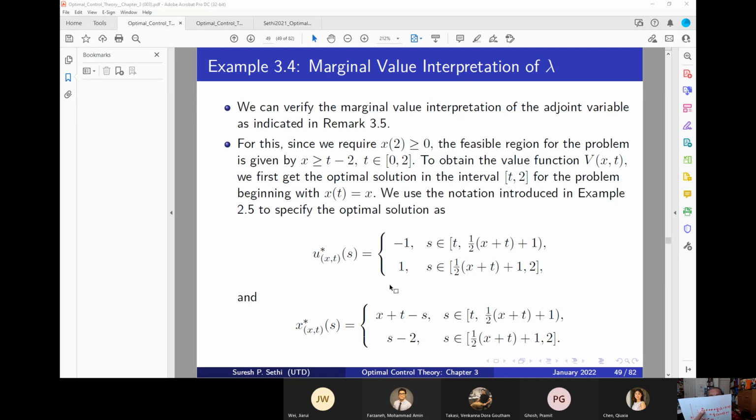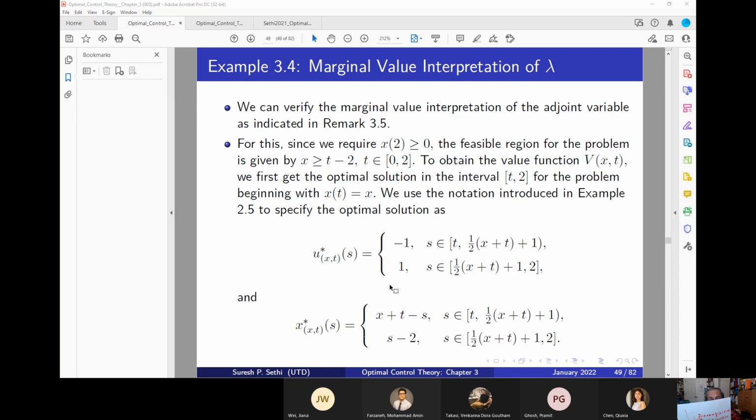S star is exactly equal to, so remember, if you begin from x at t, then at t plus x, going at -1, x is going to become 0. So this is your t plus x. And the difference between t plus x and s is s minus t minus x. You divide by 2 and that will give you this amount.